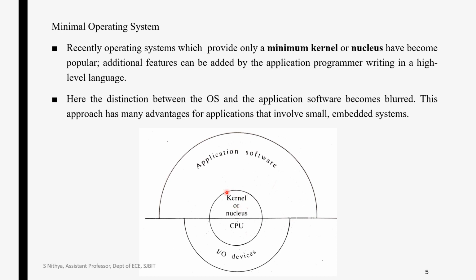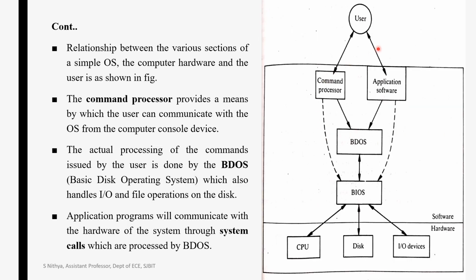The kernel is nothing but the heart of the operating system, so everything will be controlled by this kernel. And this is the relationship between the user and the computer system. There is a relationship between the various sections of a simple operating system, the computer hardware and the user, which is shown in the figure.